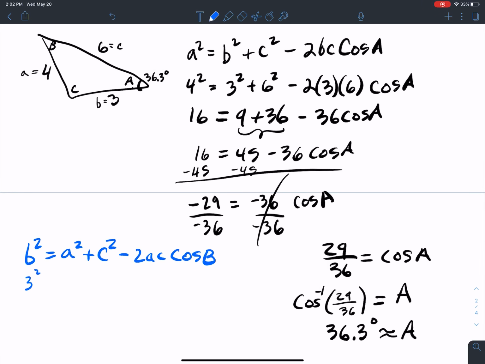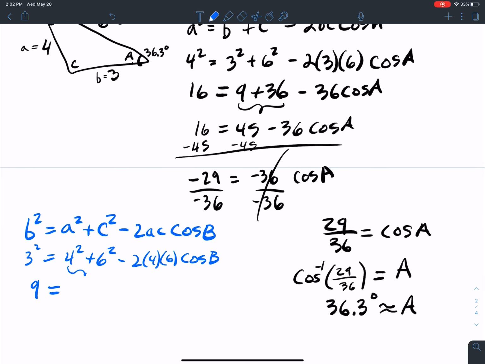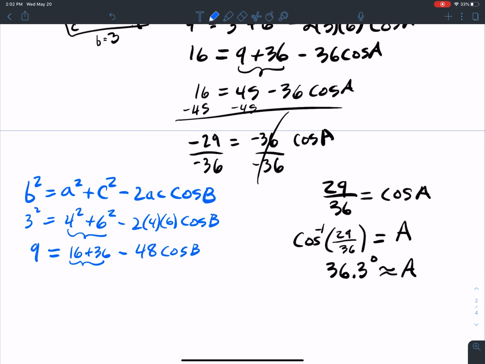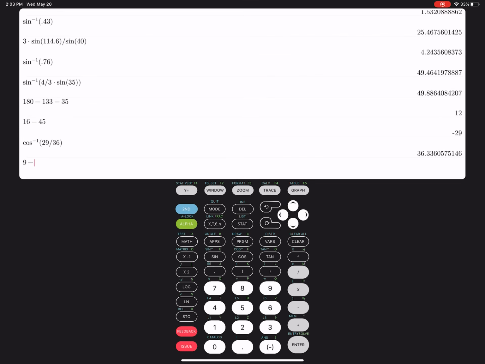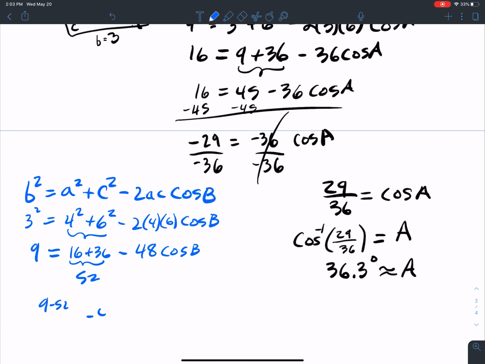So that'd be 3 squared equals what? 4 squared plus 6 squared minus 2 times 4 times 6 cosine B. So 9 equals, now 16 and 36 make 52, minus 48 cosine B. So 9 minus 52 is negative 43 equals negative 48 cosine B.